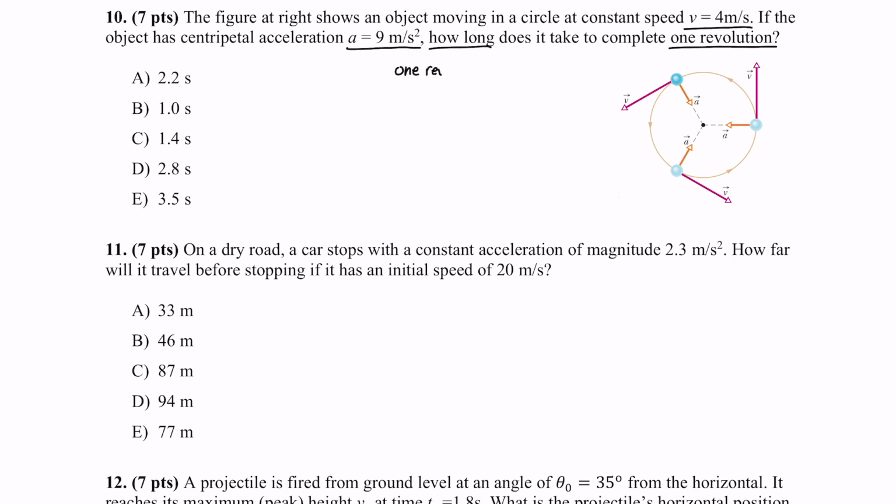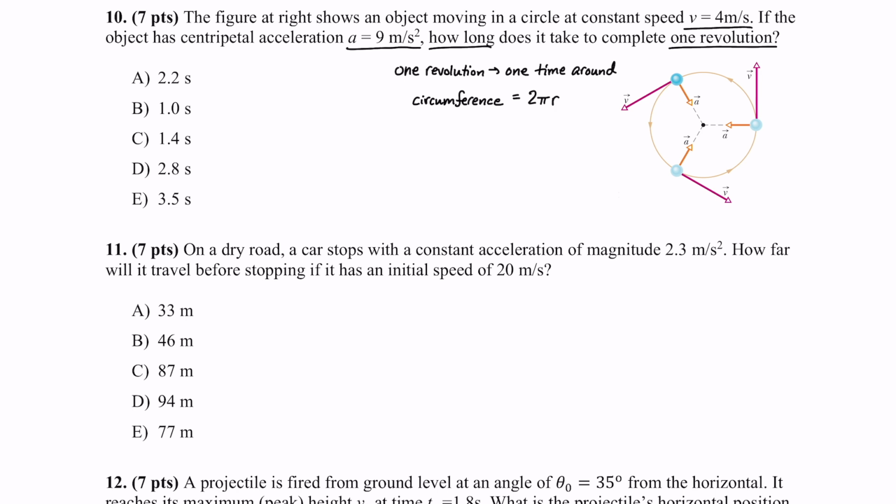One revolution means one time around the circle. And the distance traveled one time around the circle is equal to the circumference. And the circumference of a circle can be found as 2 pi times its radius.